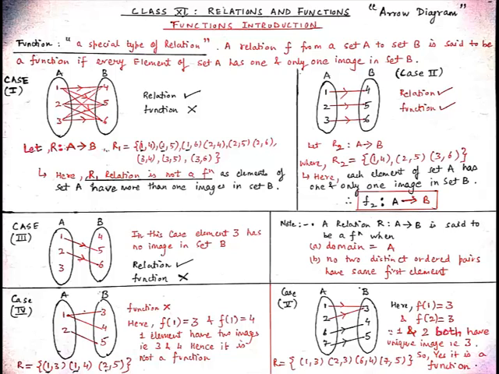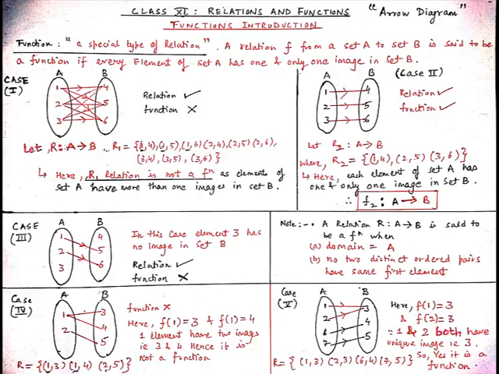Now at the end of this video, we conclude that a relation R from A to B is said to be a function only when the domain of R is equal to set A, and also no two distinct ordered pairs have the same first element.